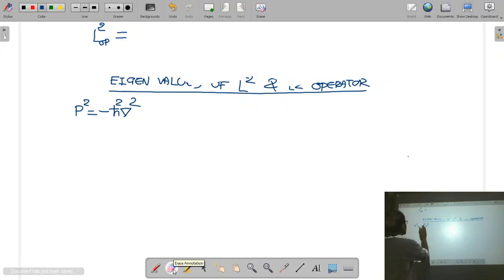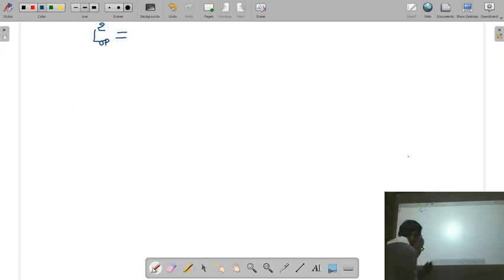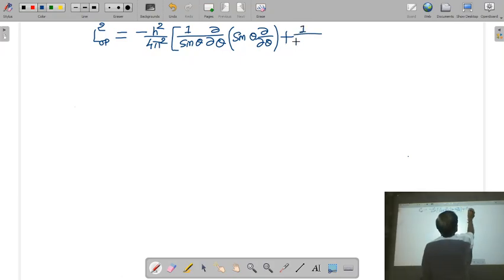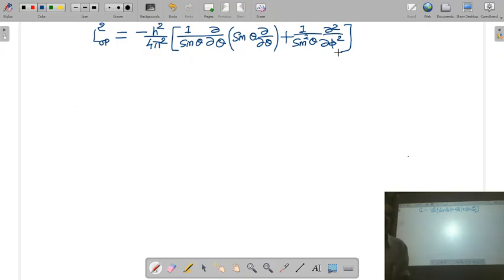I directly give you the equation of the L square operator, which you will derive in quantum mechanics.